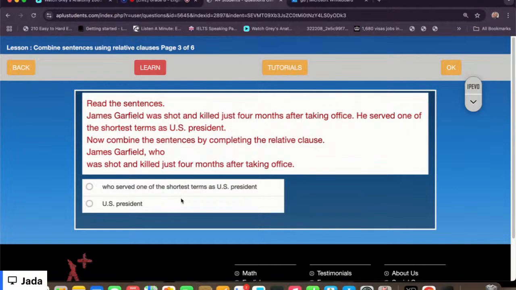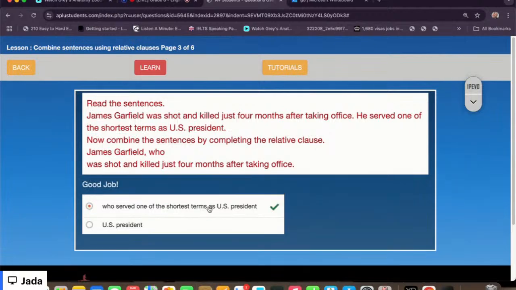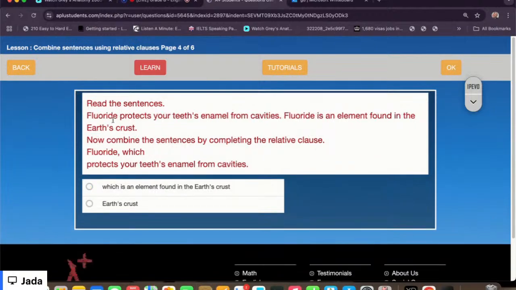So, who served one of the shortest terms as U.S. president? Okay, so we have the next.